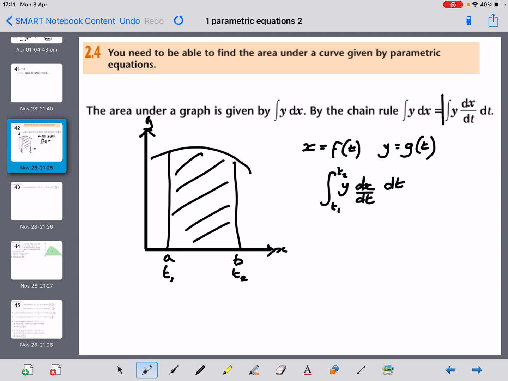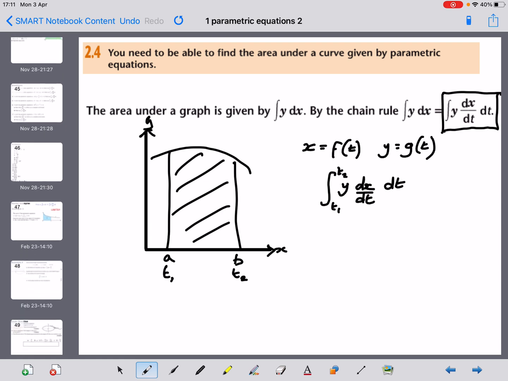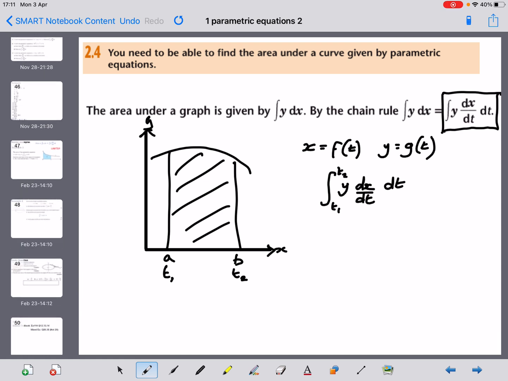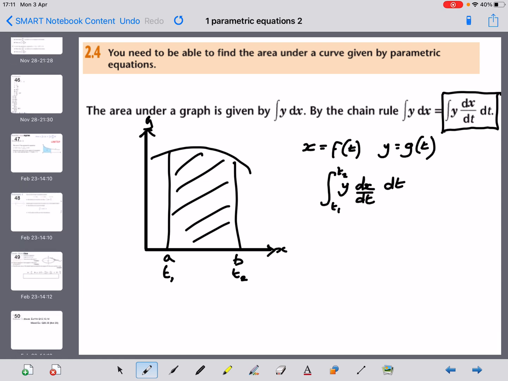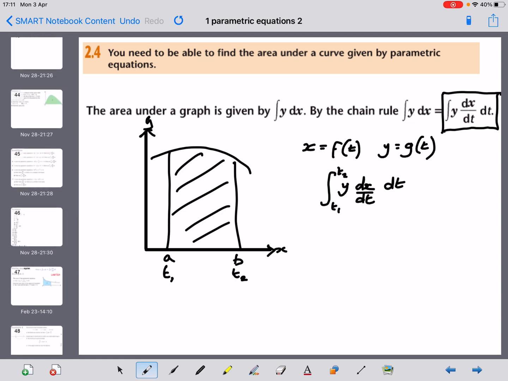So you need to remember that. You do not get that in the formula booklet. I'm going to show you a couple of relatively straightforward questions, then a couple of slightly harder questions, and then a complex question.